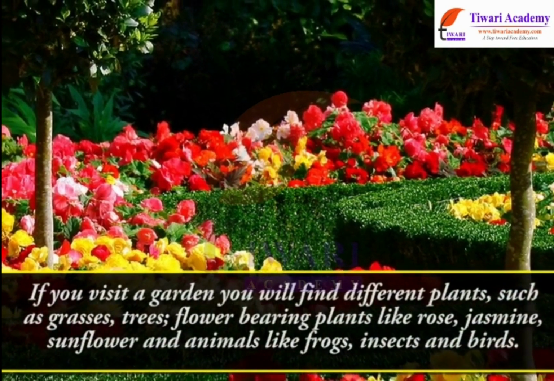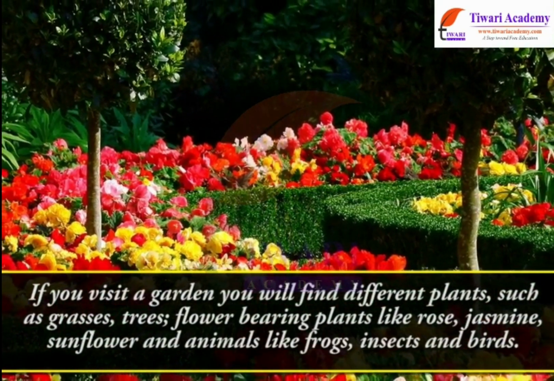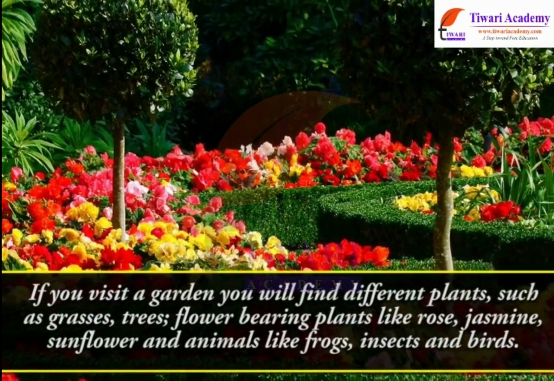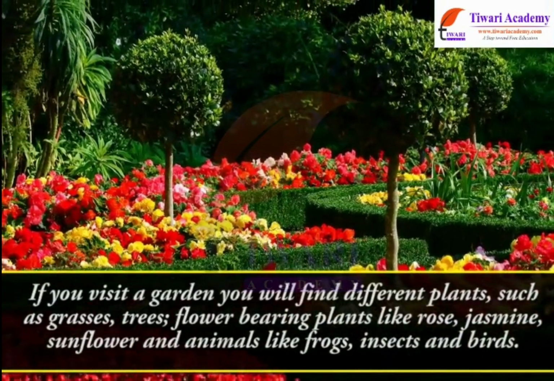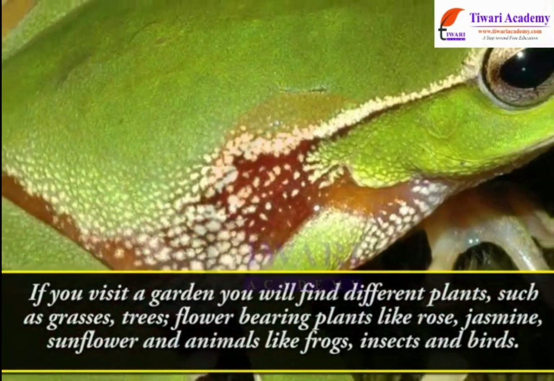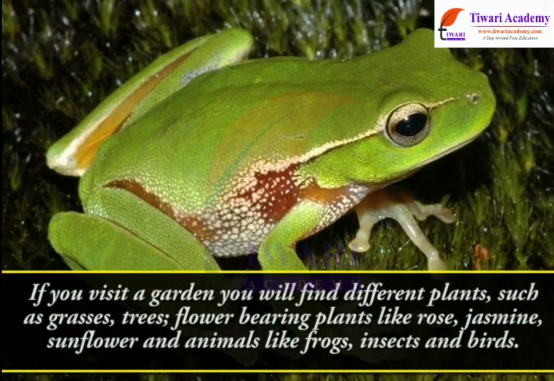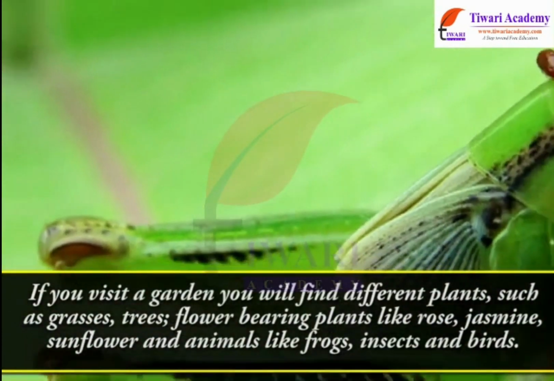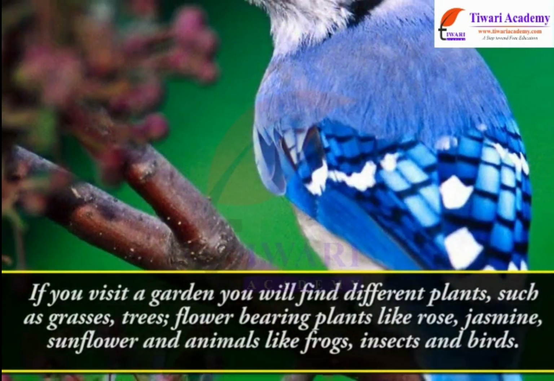If you visit a garden, you will find different plants such as grasses, trees, flower-bearing plants like rose, jasmine, sunflower, and animals like frogs, insects, and birds.